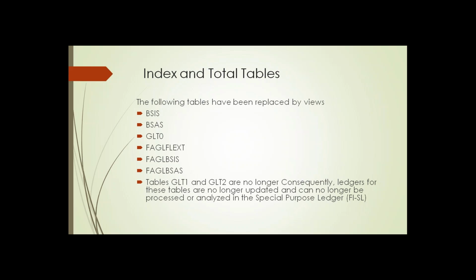It will just pass the information to AC Docket, it will collect the data from there, and to the end user it will be delivered as it was delivered earlier. So if you are an end user, whenever you run these reports, you will not realize that the data I am getting is not from BSIS, but it is actually coming from AC Docket. But from the technical point of view, the data is not stored in BSIS because BSIS has been removed as a table and it has been restored as a view.